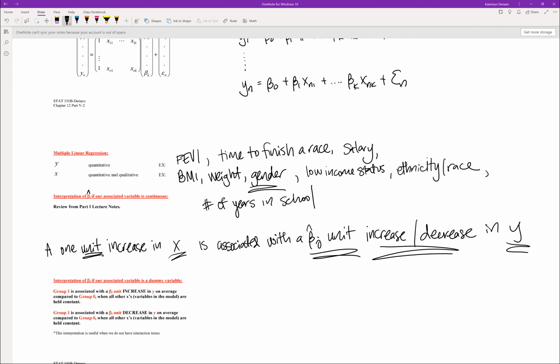Everything I've underlined are things you're going to replace to put it in the context of the problem.